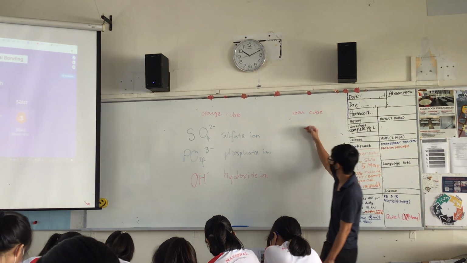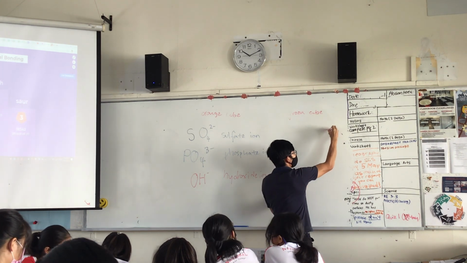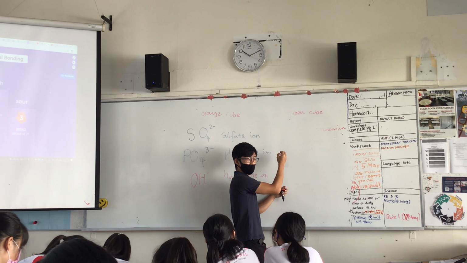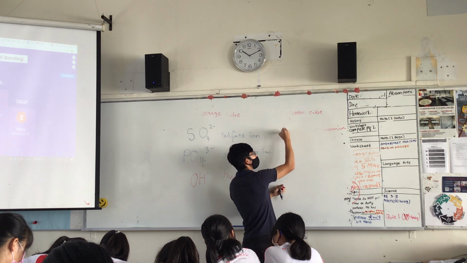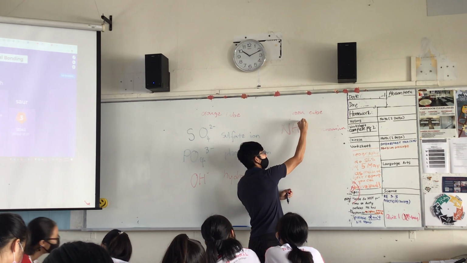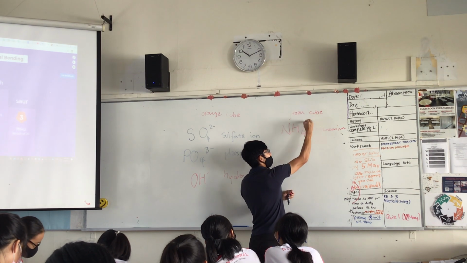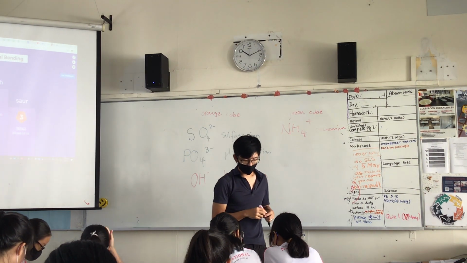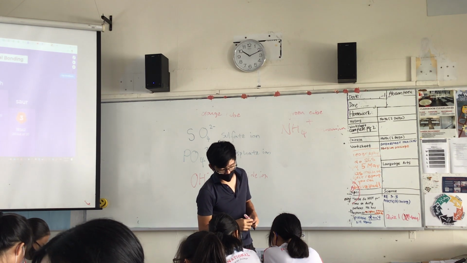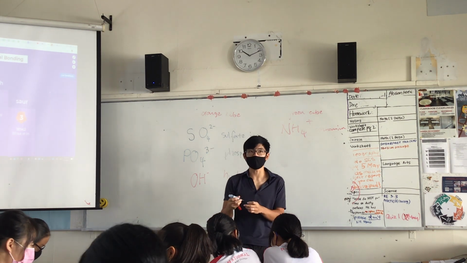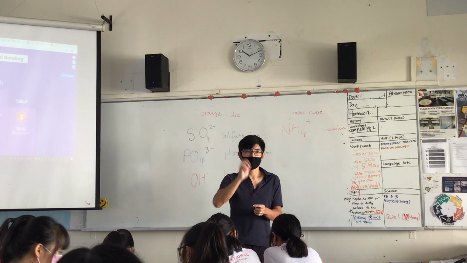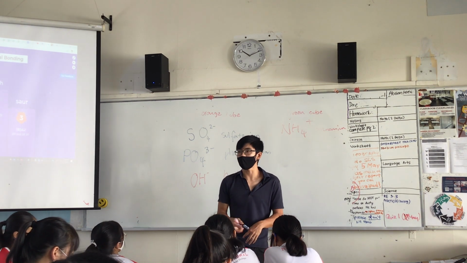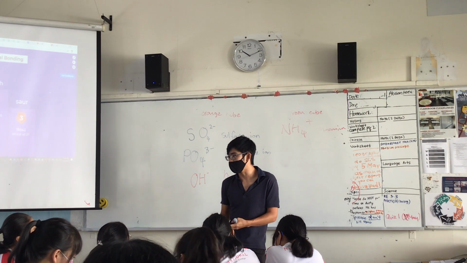Ammonium ion, okay. And what's the chemical formula? NH4 plus. Any other polyatomic ion? I think that's it, right? So that's all the polyatomic ions we will work with today. You also find that there are other ions present. They are monoatomic ones, those that you've seen before.